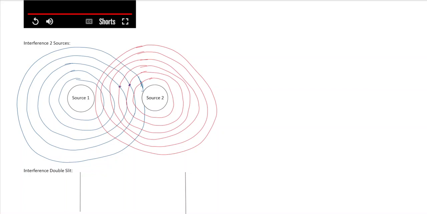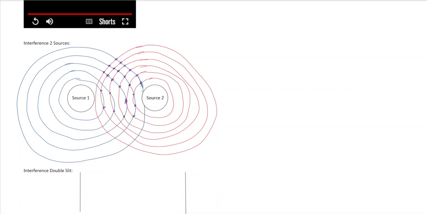All these points that I'm doing now in purple, these are the peaks of both waves. So these are going to be our antinodes. Where the peaks and troughs meet up, those are going to be our antinodes. And you can see that it's causing this quilt-like pattern where it's a consistent location. Now, I kind of got bad at drawing over here, so it's a little bit messed up here.